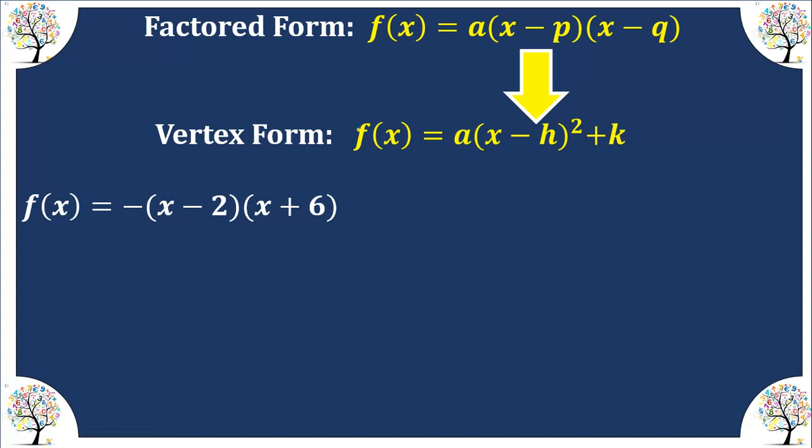Factored to vertex, again, we have to go to standard first. We're going to multiply. So this time I can just go ahead and multiply the understood negative 1.